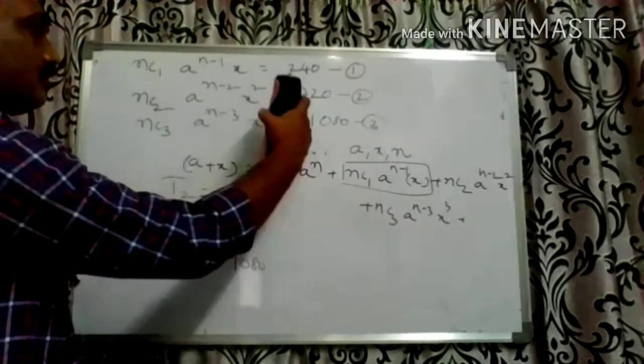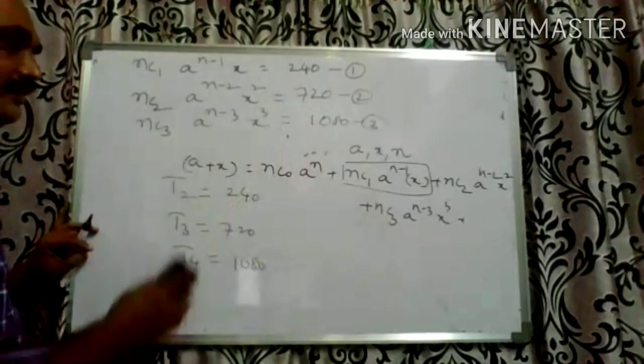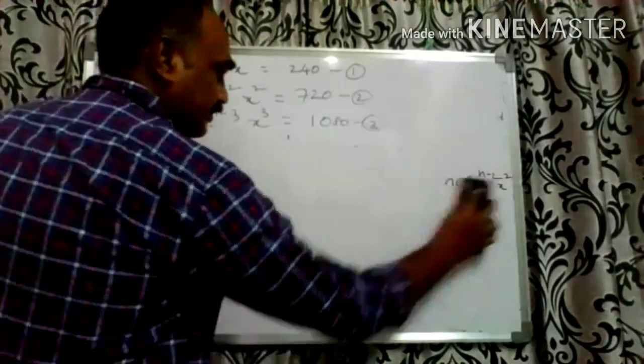Second term 240, third term 720, fourth term 1080. Find the values of a, x, n.